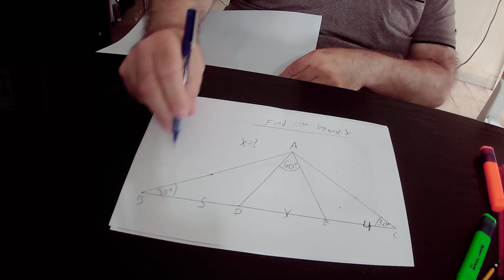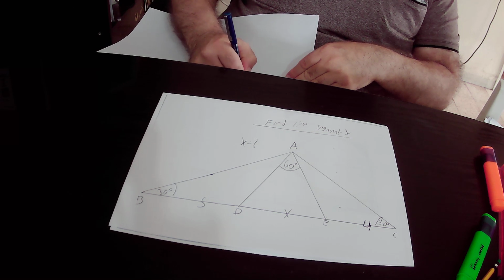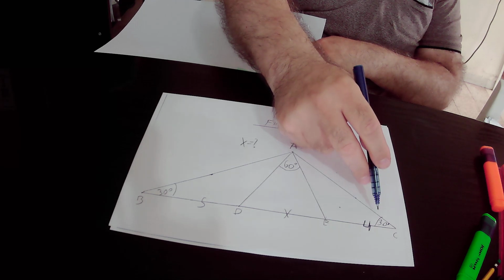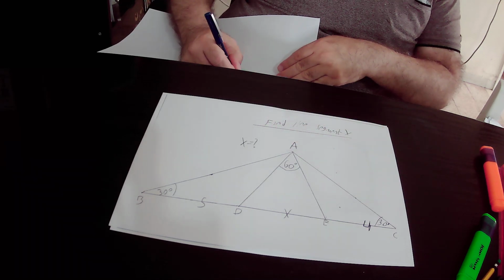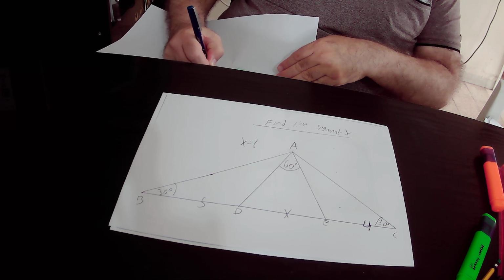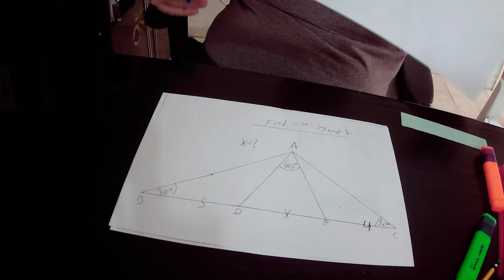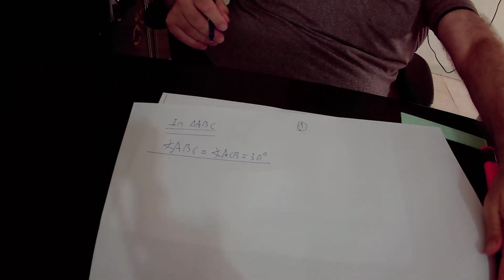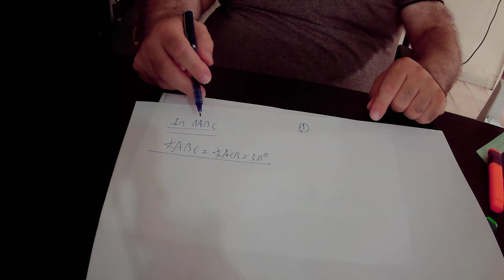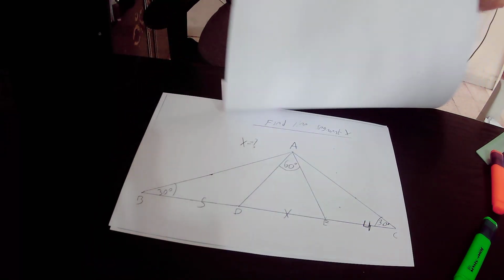Angle ABC is equal to this angle, which is actually angle ACB, and both angles are equal to 30 degrees. I repeat again, in triangle ABC, we know that angle ABC equals angle ACB, and they are both equal to 30 degrees. Therefore they are equal to each other.